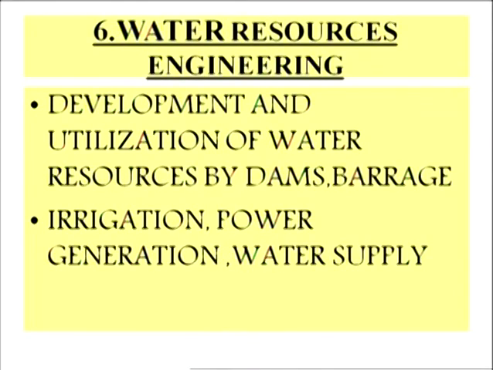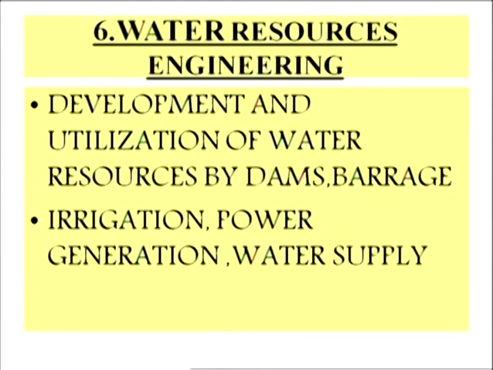Irrigation means the artificial supply of water to the crops for the development of that particular crop. Normally the main purpose behind the construction of a dam is irrigation, but that is not the only purpose. There are many other purposes with the construction of dams. Another important purpose is power generation.